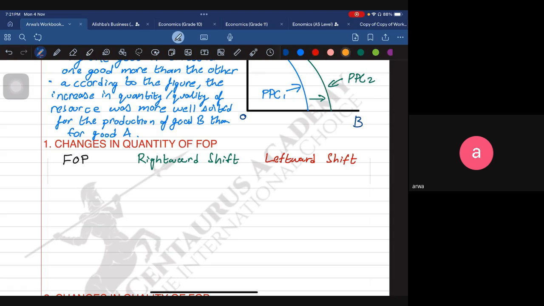So the first one that we are going to consider is, let's suppose, land. Any factor that you can think of will result in a rightward shift in the quantity of land.